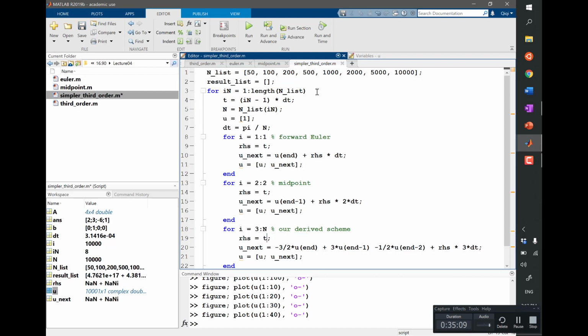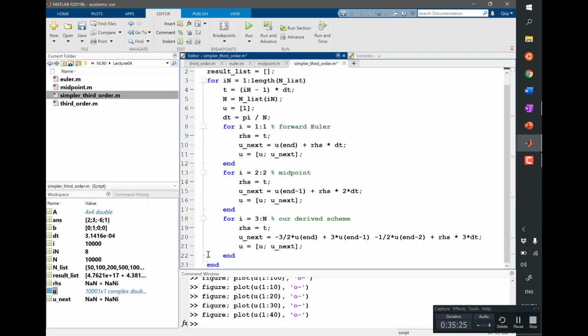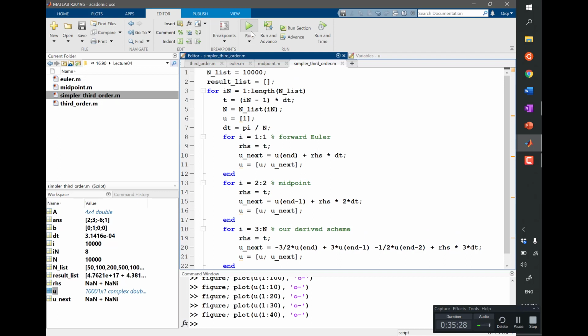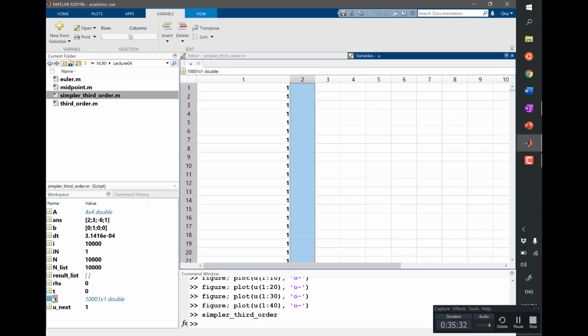All right. So let me just do it with one n. I will just do n equal to the very last one, and I don't need this result list. Okay, so I'm going to run it, and I'm going to look at my solution u.